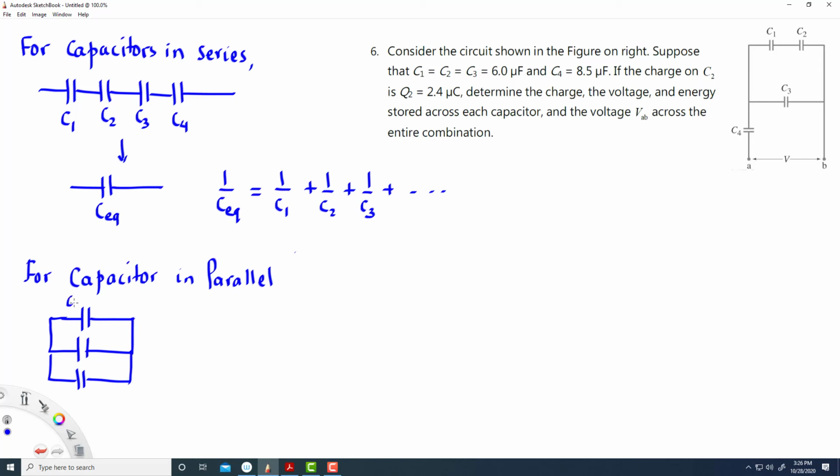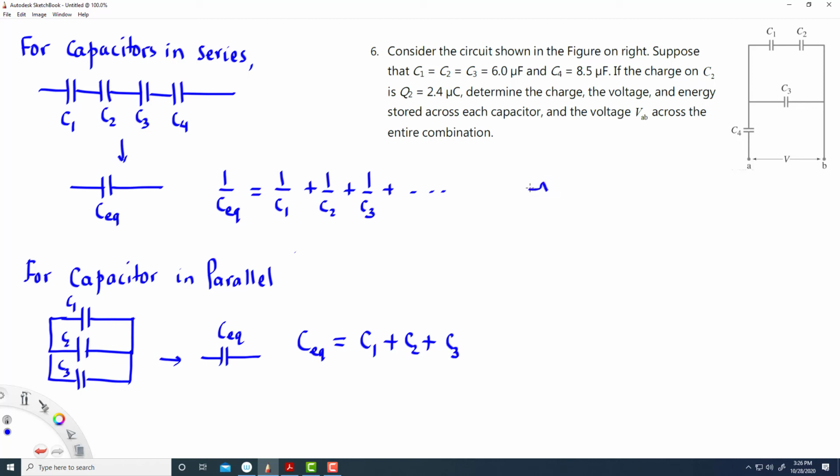Let's say this is C1, that's C2, C3, and I want to write one equivalent capacitor for these 3 capacitors. Then the capacitance of that equivalent capacitor is given by C1 plus C2 plus C3. Okay. So this is just opposite to what we did in resistors.